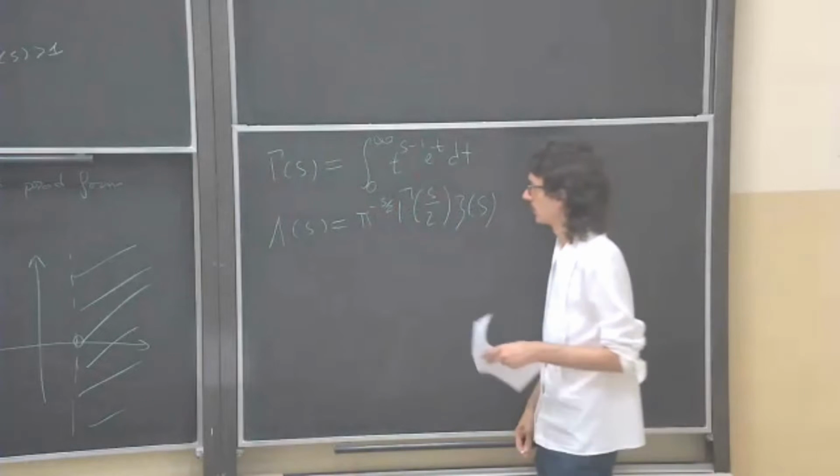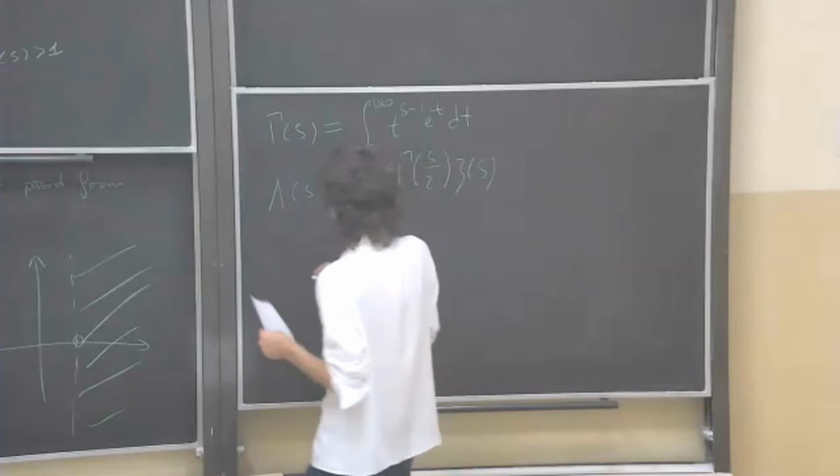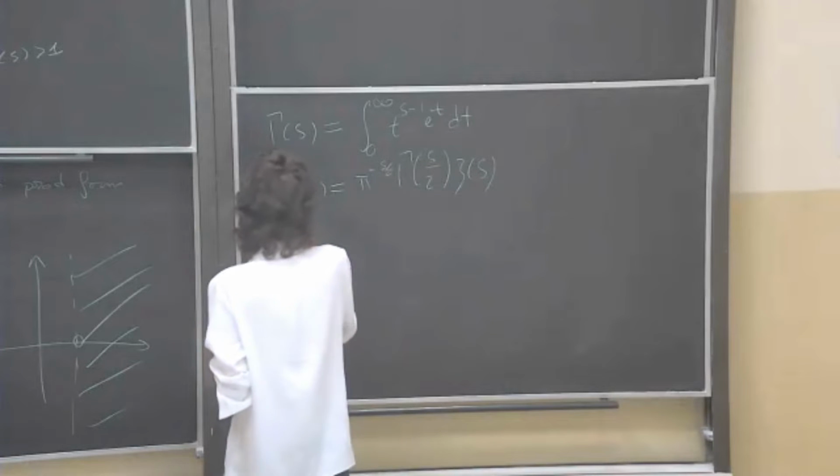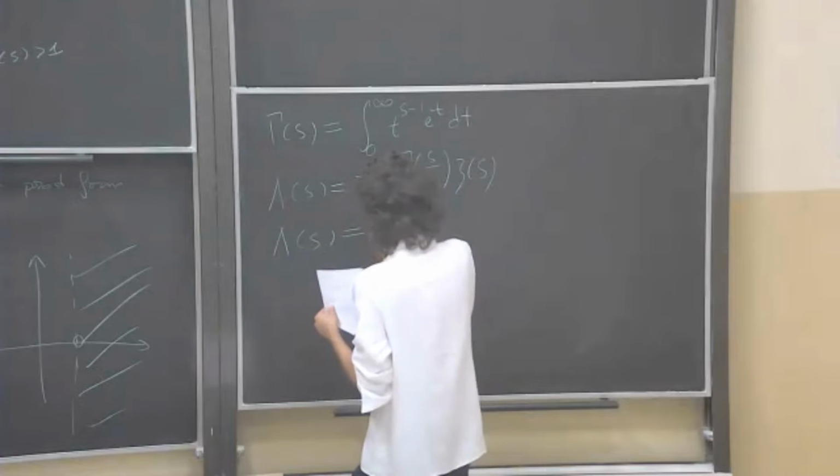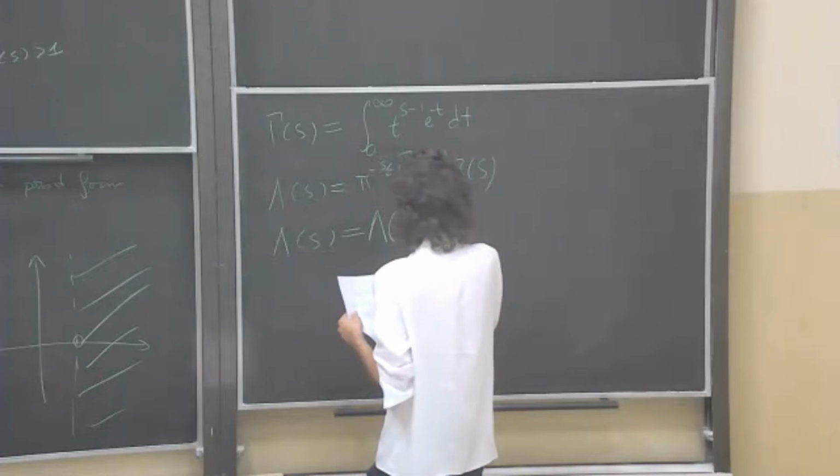And now it's a theorem, somebody can check, that lambda of s is equal to lambda of 1 minus s.